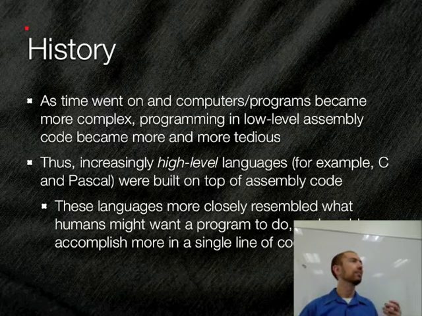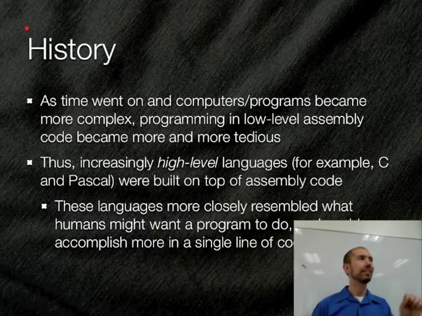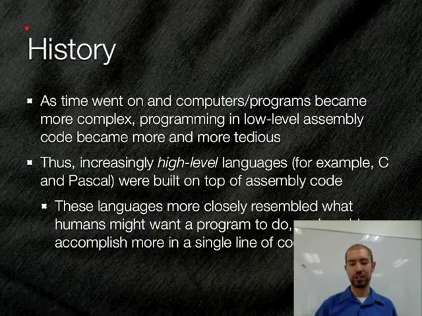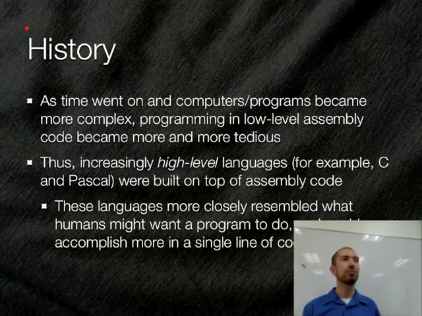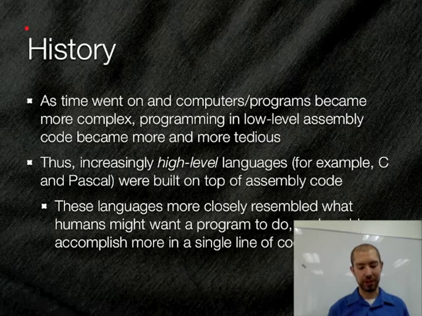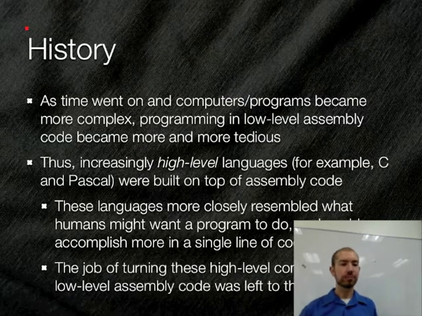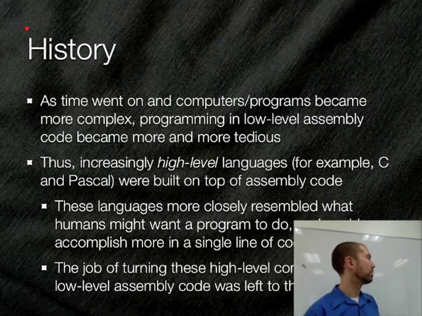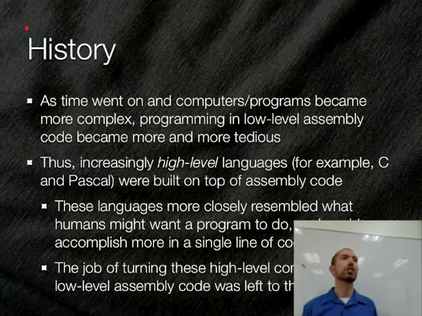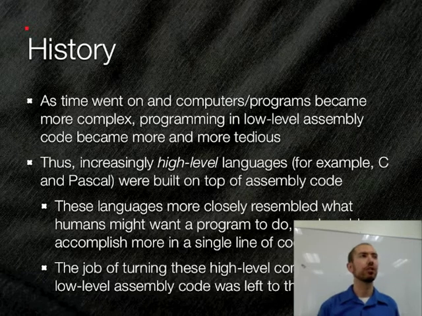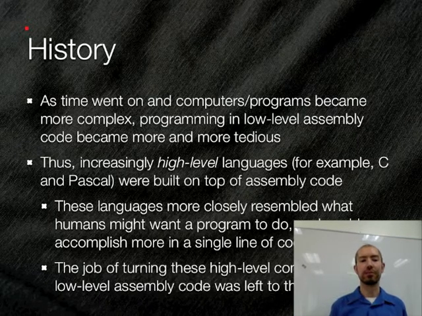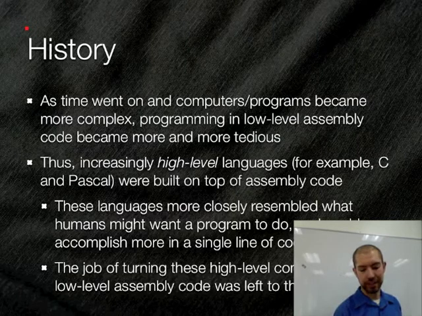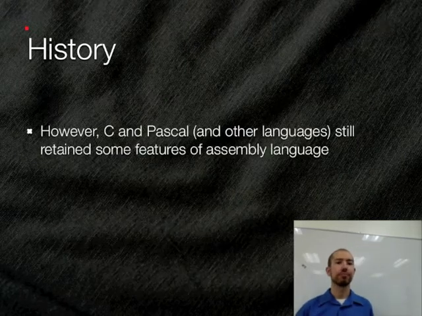So you don't have to worry about every single byte of memory that goes into the processor. You just have to worry about the more high-level tasks you're trying to do, like add numbers together, display information on screen, and so forth. And if you remember when we talked about compilers, this is the job of the compiler, right? To take this language that's a little bit more human-readable and turn it into that low-level assembly code that is basically talking directly to the processor.